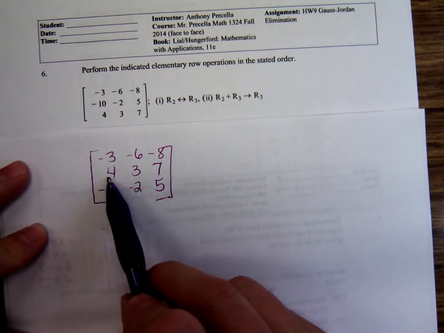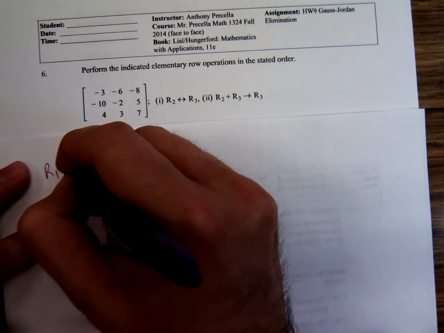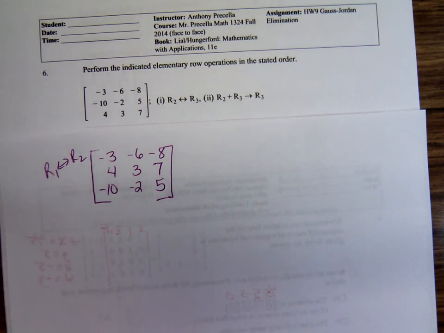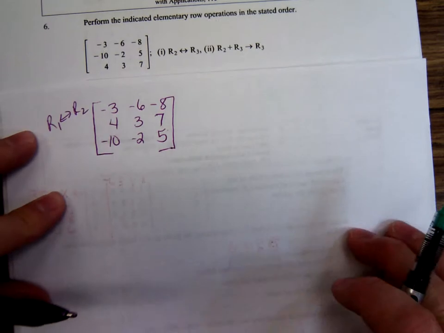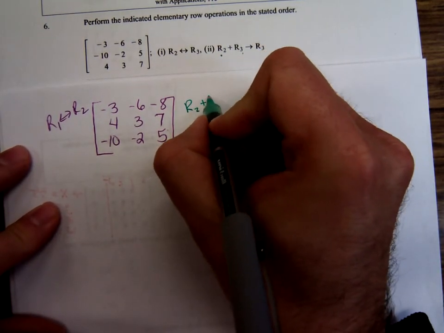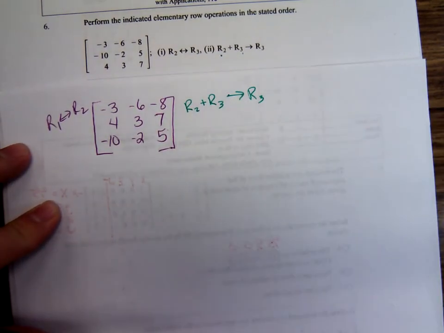Is that what I did? Yes. That was the row 1, double-headed arrow, row 2. That's interchanging rows 2 and 3. And now, row 2 plus row 3 arrow row 3.